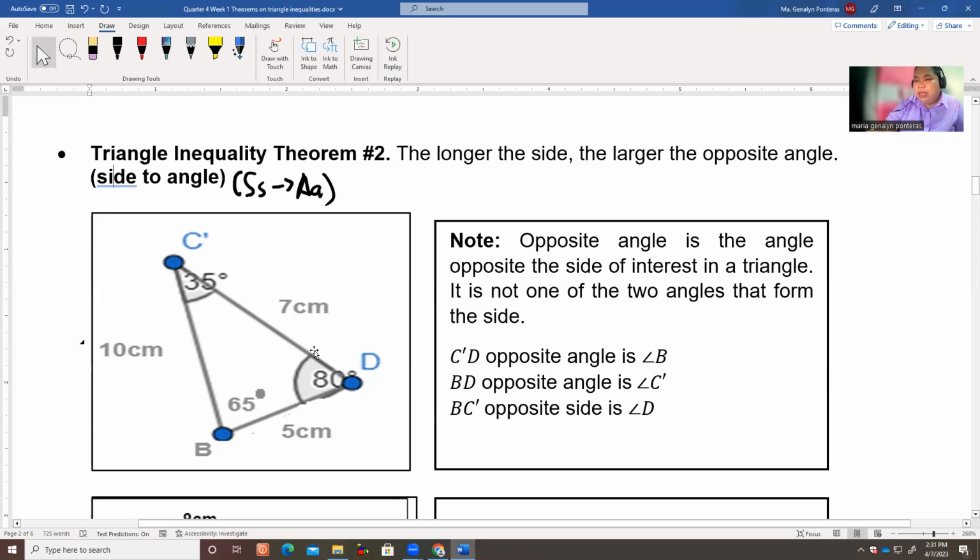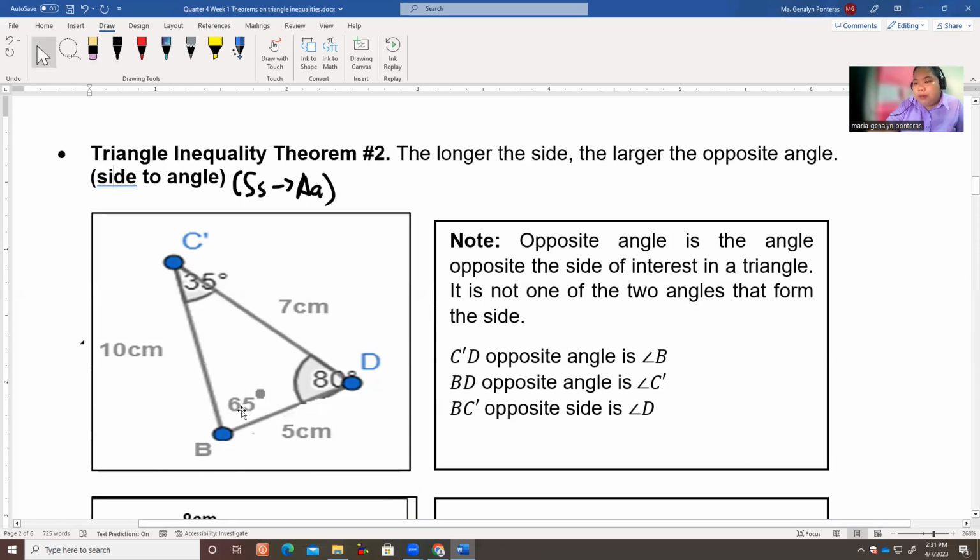Now, the next side naman na mas malaki is the 7 cm. So notice that for 7 cm, the opposite angle is 65 degrees, which is larger than 35 but smaller than 80. And in relation, 7 is smaller than 10 but larger than 5 cm.